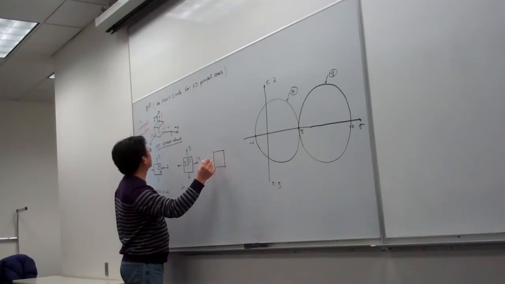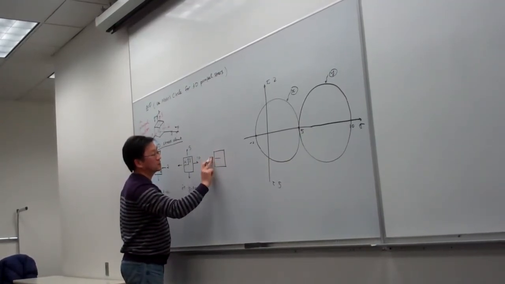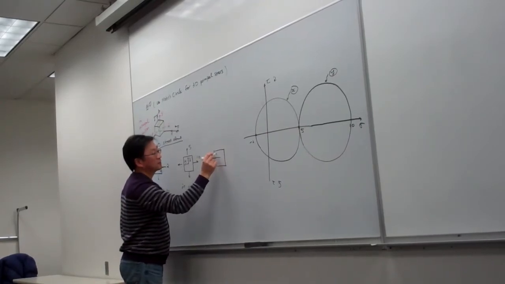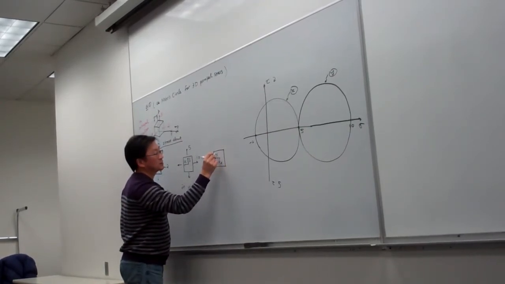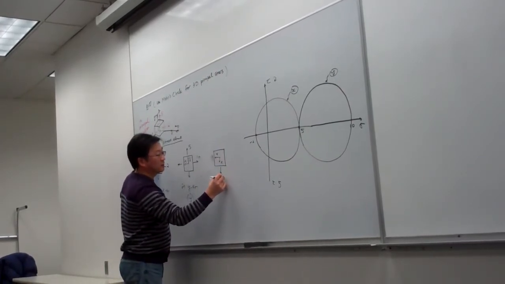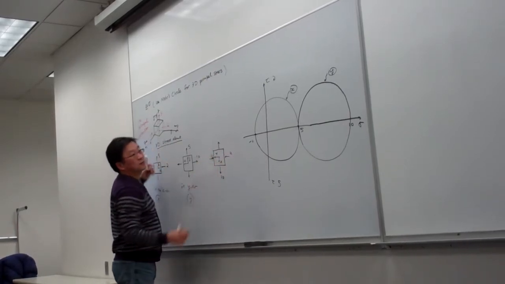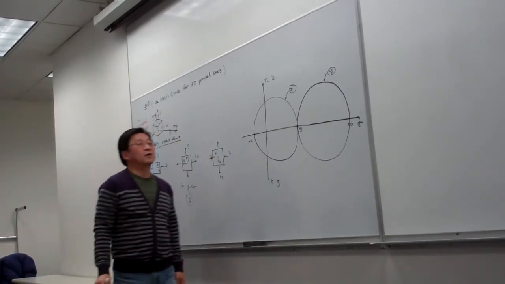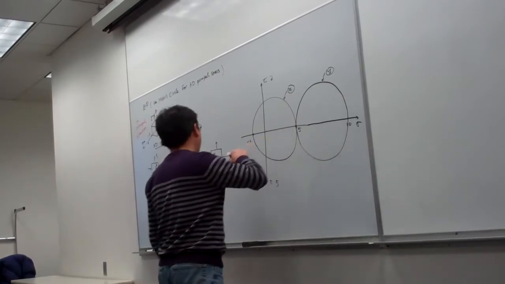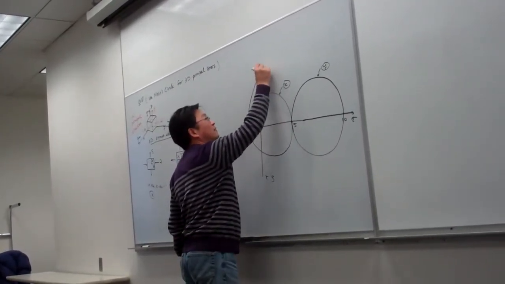Say this is the y-axis and this is the x-axis. In the x direction, we have a normal stress of 10. In y, we have 2 here. So the corresponding circle will be this bigger one.